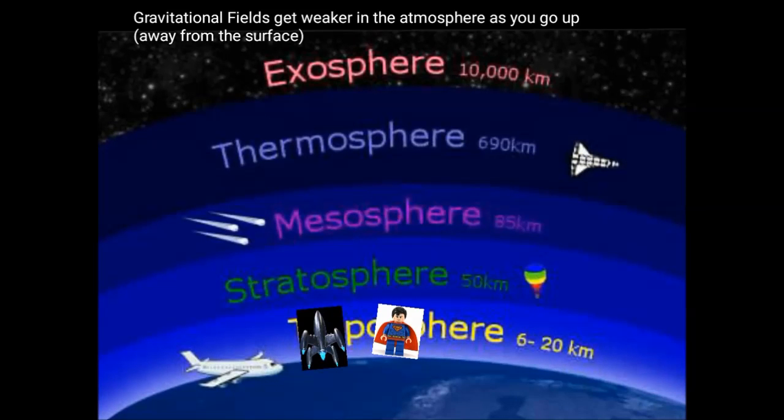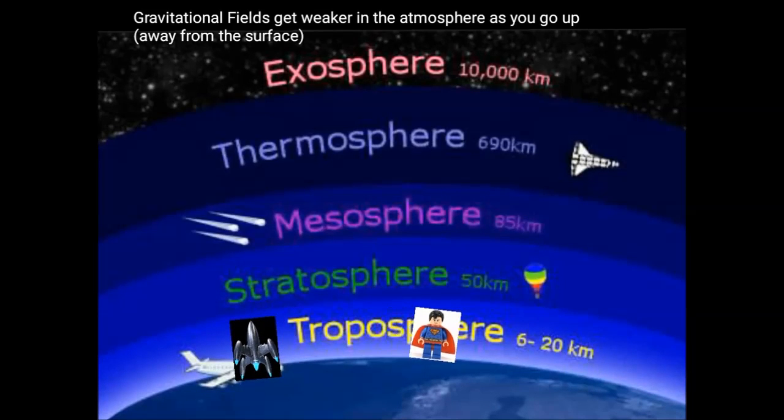Now that's going to happen in the atmosphere. These are the different layers of the atmosphere. We'll move this over so you can read it: the troposphere, stratosphere, mesosphere, thermosphere. As we go up into the atmosphere, our gravitational field lines are going to get weaker and weaker. So I'm going to draw them in here.